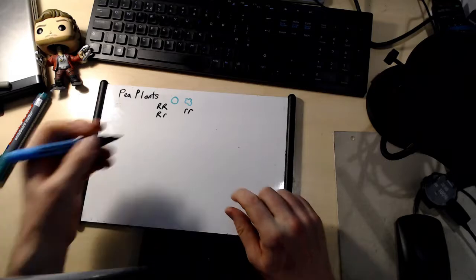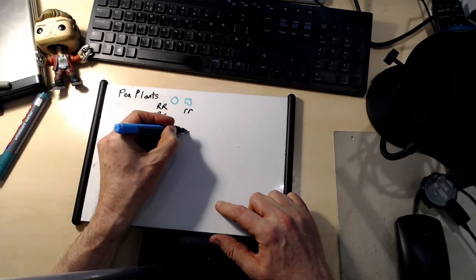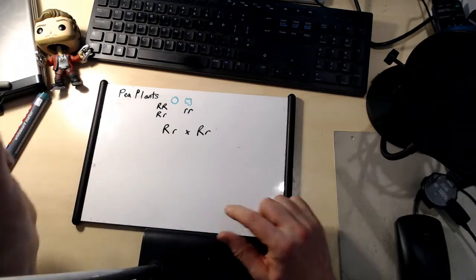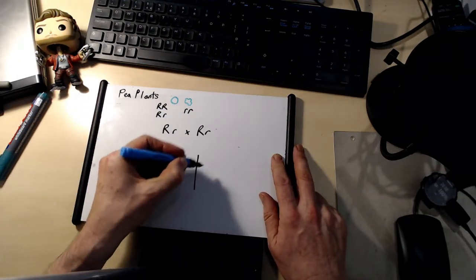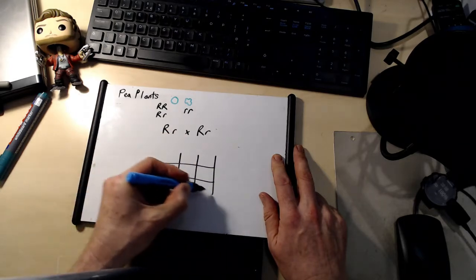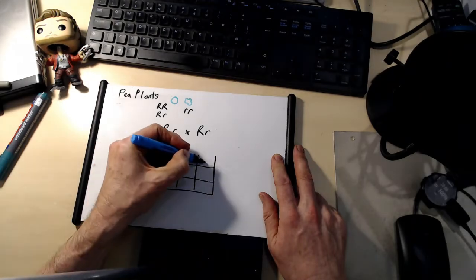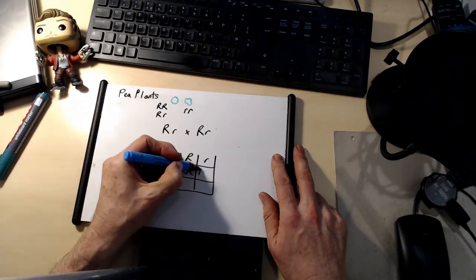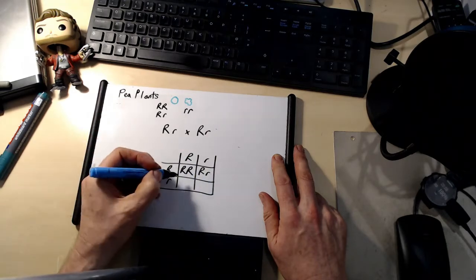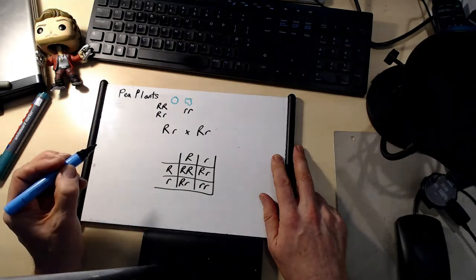We're going to take both round peas, so both heterozygous dominant, and we're going to cross them again in a Punnett square. So here we go. Big R, little r, big R, little r. In this case you've got a homozygous dominant, heterozygous dominant, heterozygous dominant, and you've got homozygous recessive.